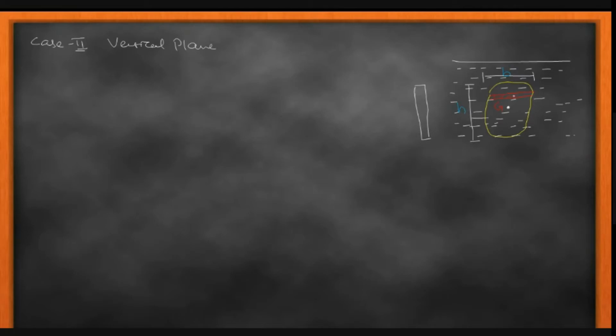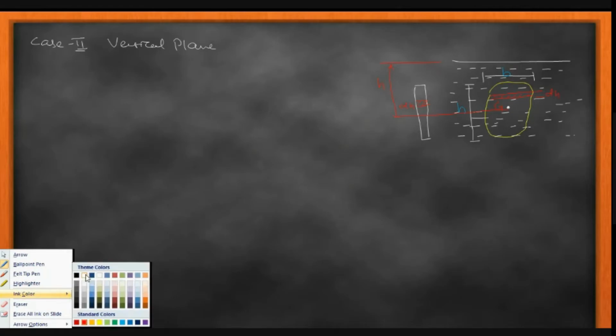This is my strip, and the width of the strip is delta H. The distance between these two planes is very small, and that is dH. And the height from the center of gravity to the free surface is H.